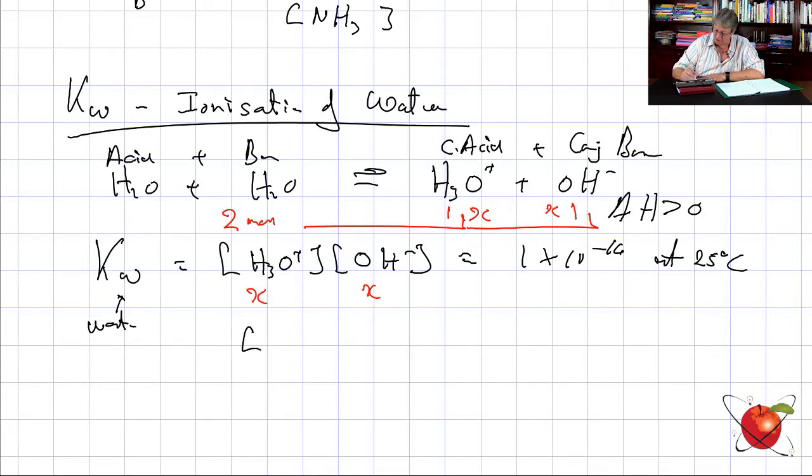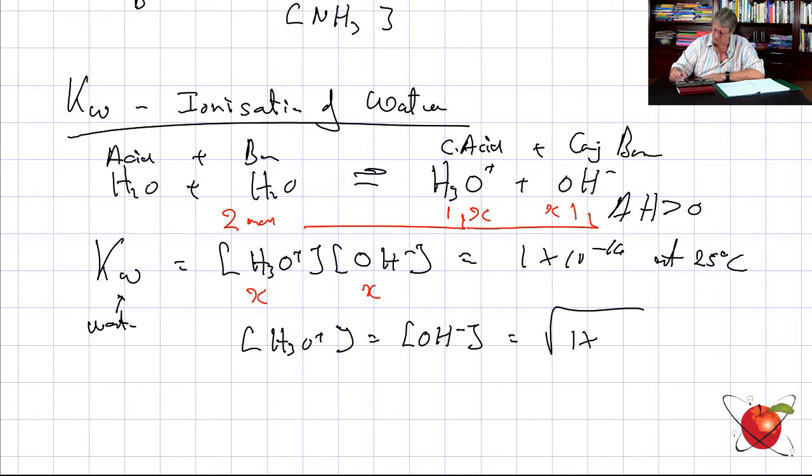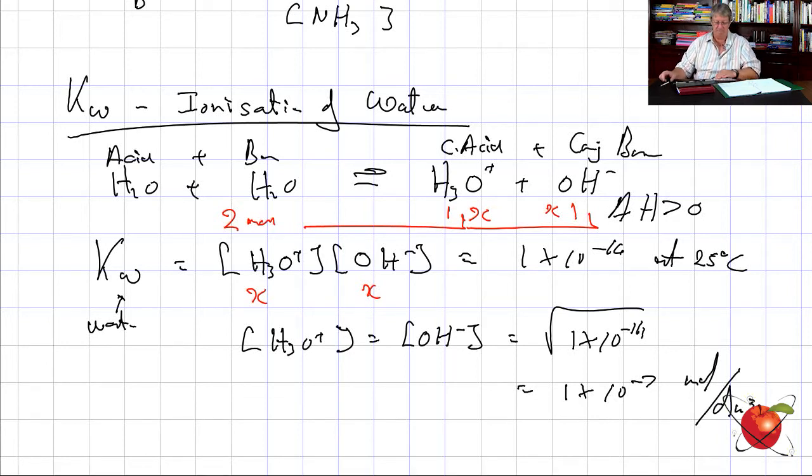Therefore, the concentration of the H3O must be equal to the concentration of the OH minus, 1-to-1 ratios, which is going to be equal to the square root of 1 times 10 to the minus 14, which is 1 times 10 to the minus 7 moles per cubic decimeter. That's what we've got.